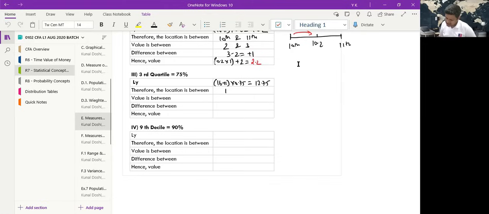And let's check what is the 12th and 13th number. We have the 10th and 11th as this. So 12th and 13th number is, anyone?